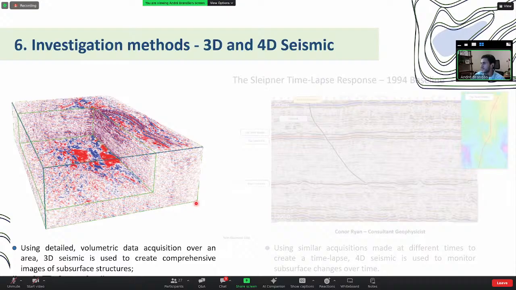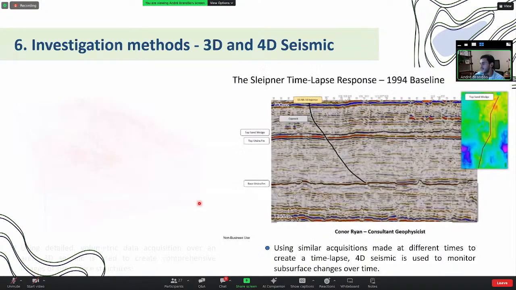That is also 4D seismic, and basically in 4D we are bringing time into the equation. So we are acquiring 3D seismic data in the same area.